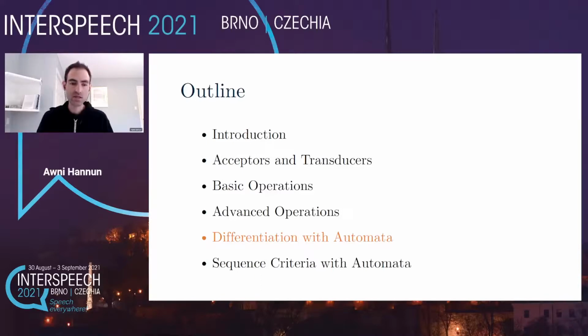Actually, I didn't mention this in the beginning. There's another framework, very similar to GTN, developed at about the same time. It's called K2, and it's from Dan Povey and company, Dan Povey being one of the creators of Kaldi. K2 supports some of the operations that GTN supports on the GPU.